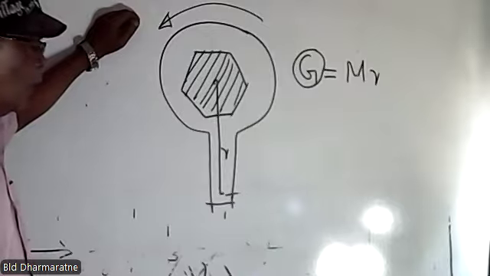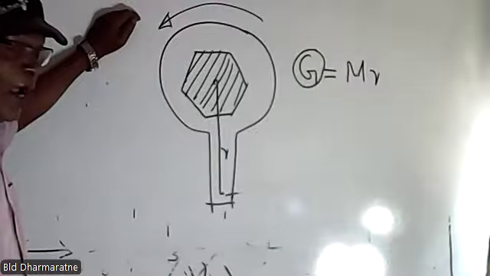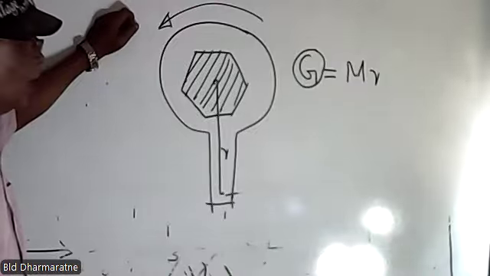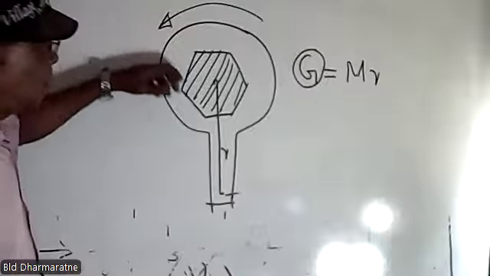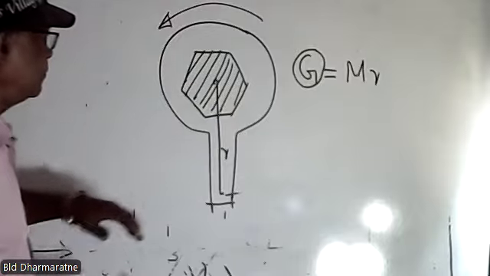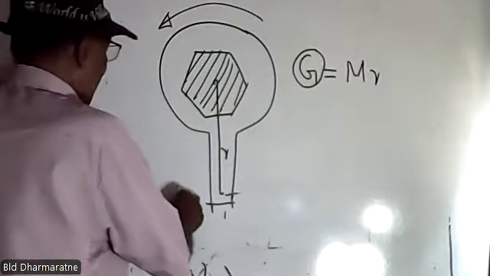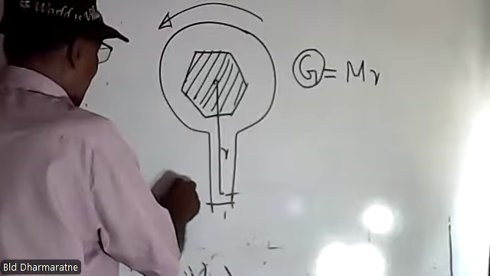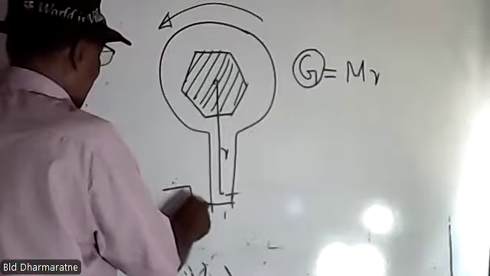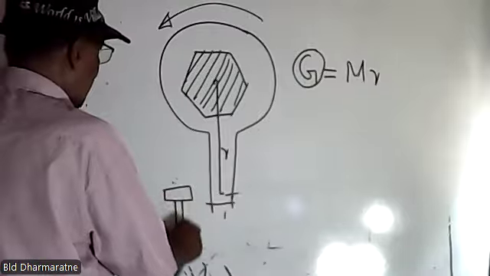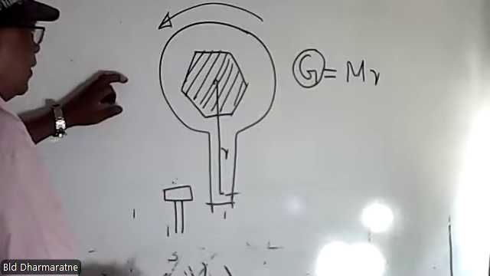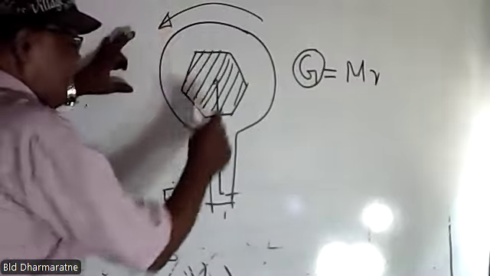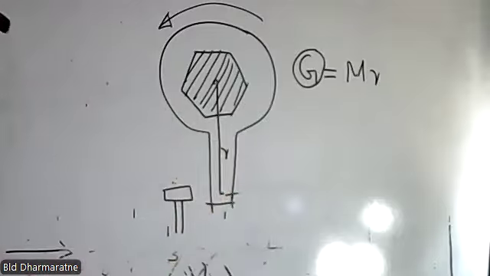Torque is the initial jerk applied here. We hammer on here. This is the hammer. We want to remove a nut, but it is a very hard nut and we cannot remove it. What to do?